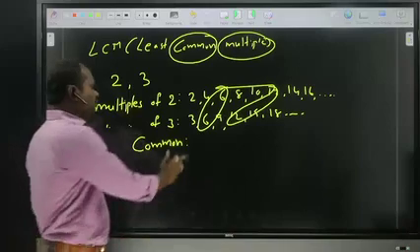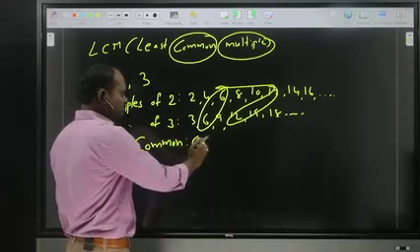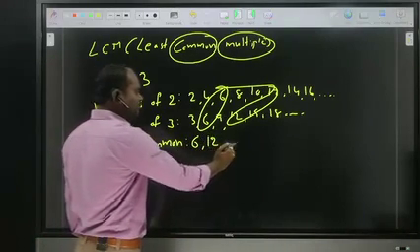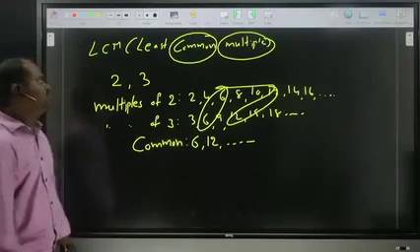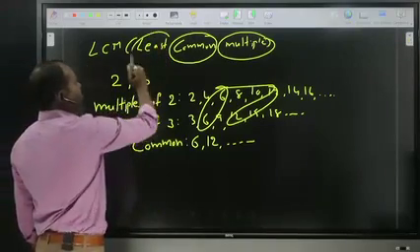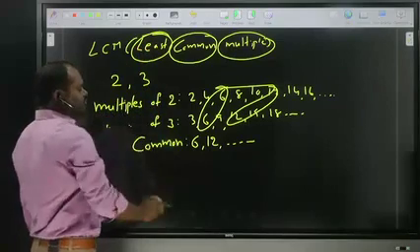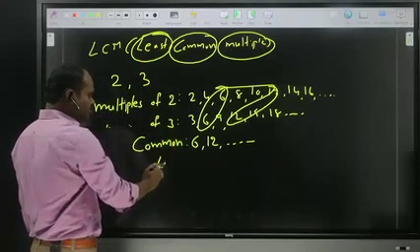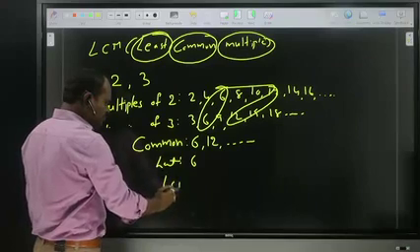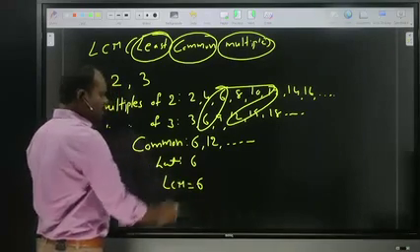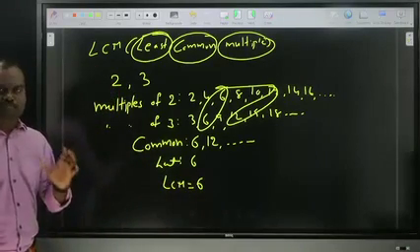From the common ones, we should select the least. What is the least among these? 6. So the LCM is 6.